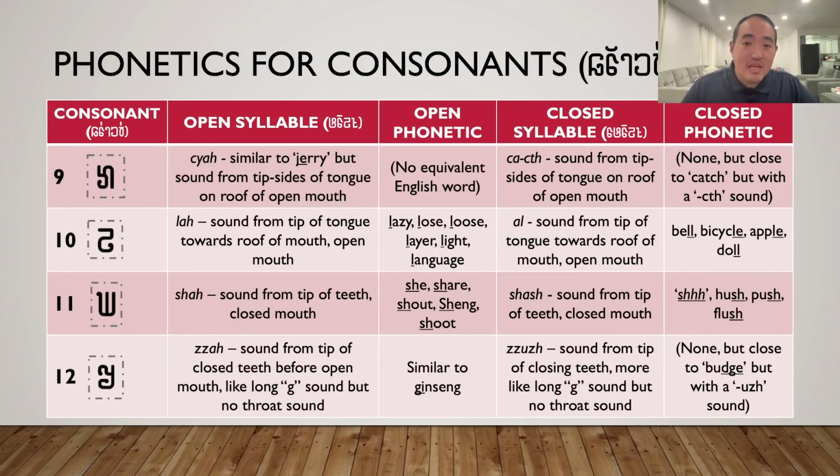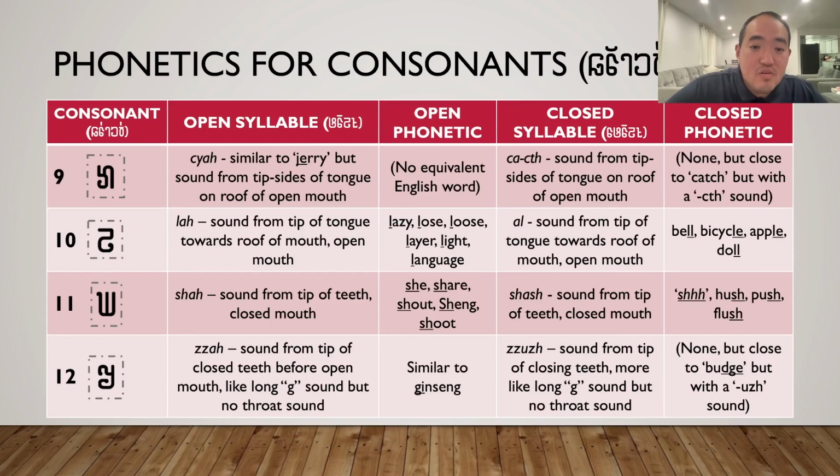Now for the closed phonetic, it'll be shush. Sha, shush. The sound is produced from the same area as the open syllable, and you'll hear this in the word hush, or push, or flush. And that's how you pronounce the closed phonetic sound for sha, shush.